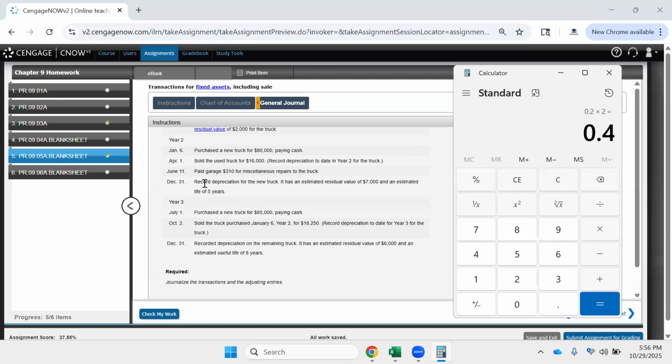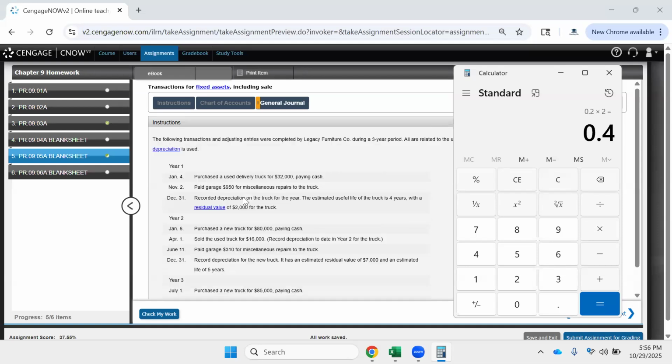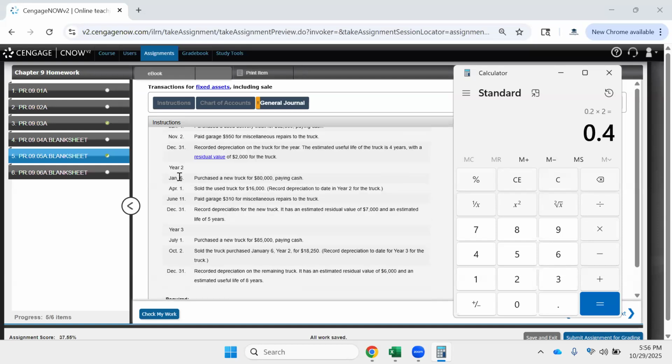And again, we purchased this new truck on January 6th, which is in the first half of January. So we're assuming that it was purchased for all of January. For depreciation purposes, we're going to do 12 months, so full year.